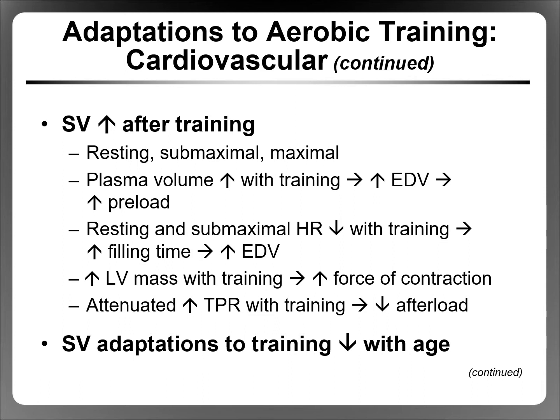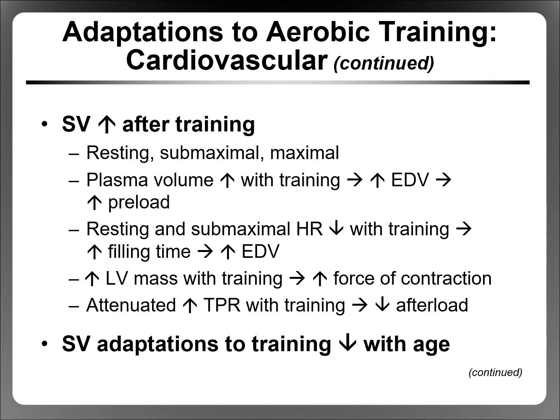We also have some attenuation with our pressure with training, so we have decreases in afterload. So basically, we have more stretch in the heart, more blood is filling the space, and we're more efficiently pumping this blood out of the left ventricle. That means that stroke volume is increasing because we train better.